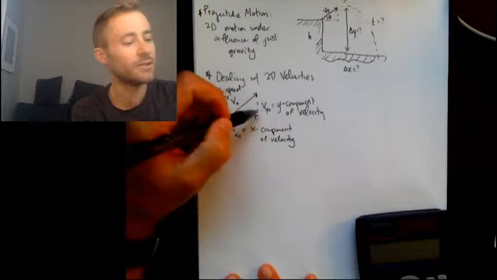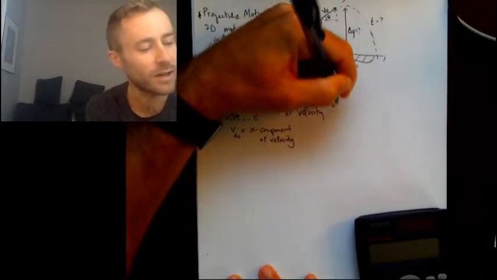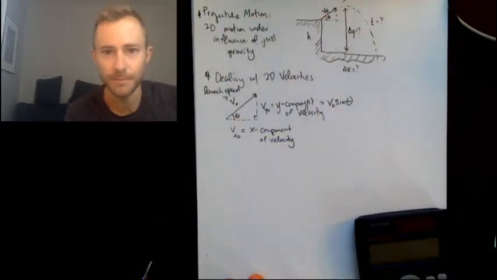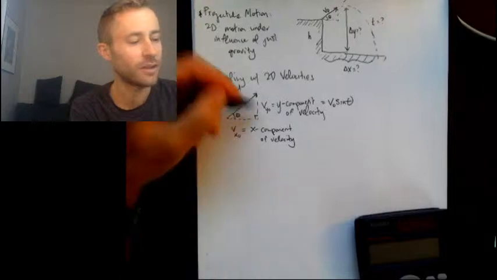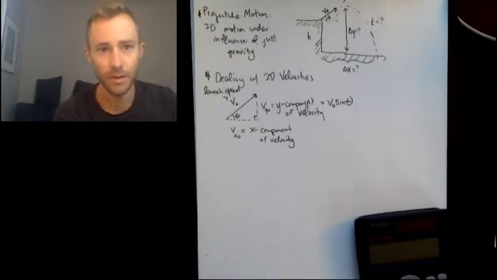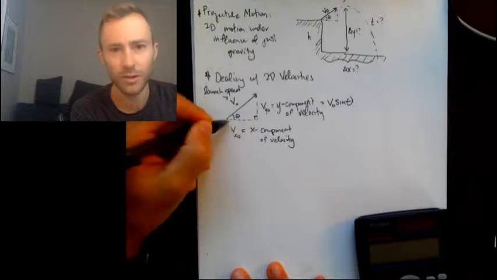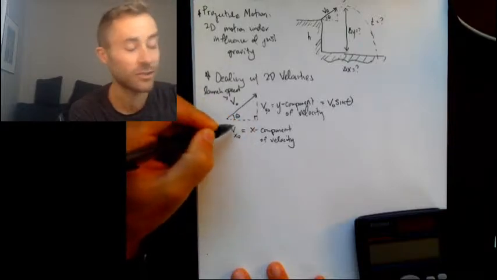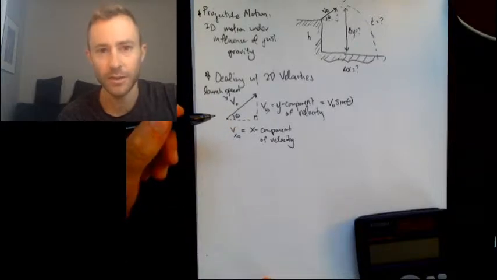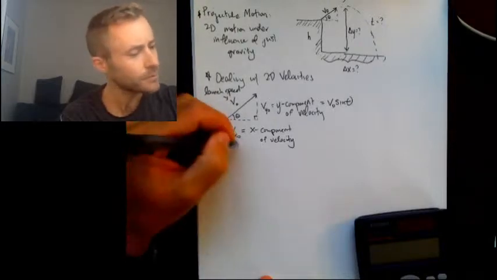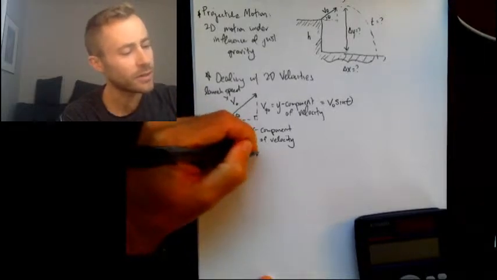Okay, so what that means is that the y component of the velocity is v naught sine of the launch angle, because sine is opposite and this leg is opposite the angle. Okay, the x component, well, that would be the horizontal leg of this triangle, which is next to the angle. It's adjacent. The trig function that has adjacent in it is cosine. Okay, so the x component of the velocity is v naught cosine of theta.